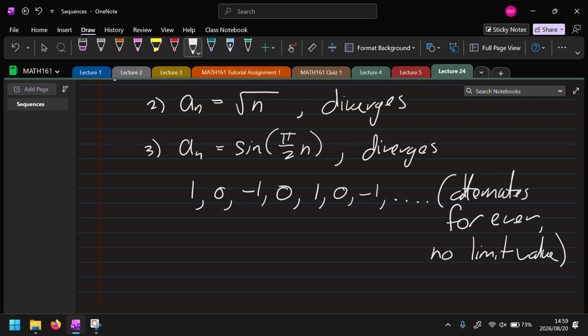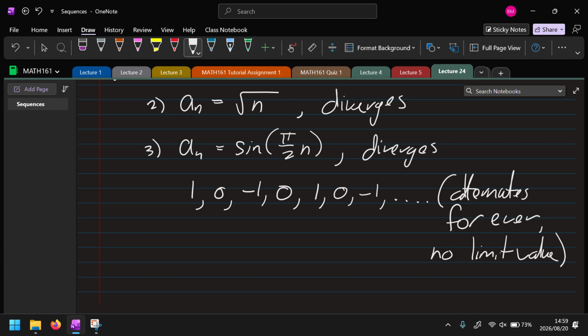Think about what we had before last year. Limit as x goes to infinity of sine x. Sine x alternates between plus 1 and minus 1. That limit did not exist, right? So in this case, we have a similar thing. The sequence alternates between 1, 0, and minus 1. It alternates forever. So the limit does not exist. So it must diverge.